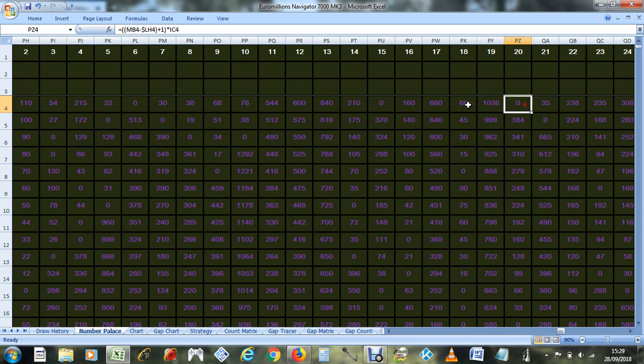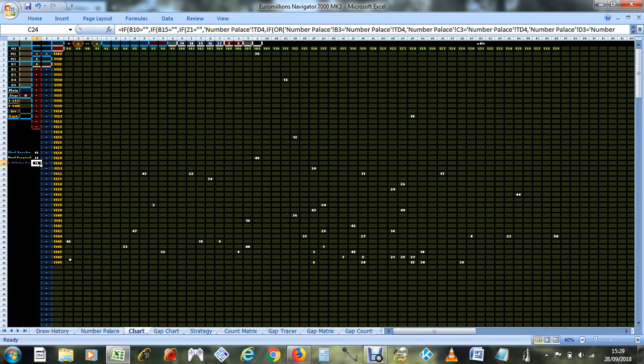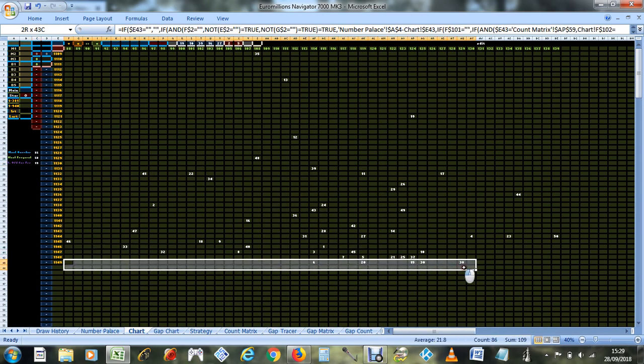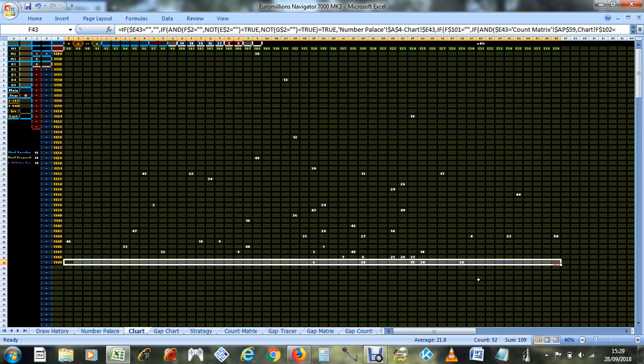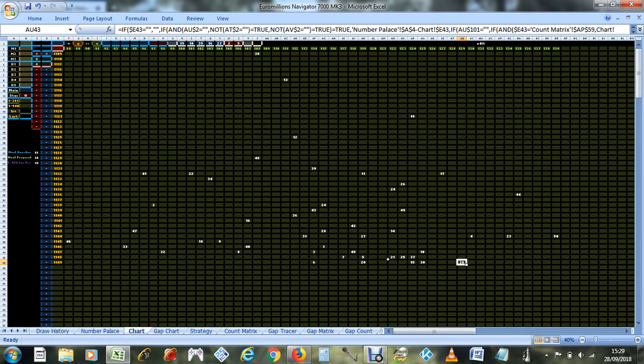You'll notice there's some numbers that score 0, and the reason why is because they're on the bottom line of the chart, so they get 0 for being there. So that's how I work out which number is the most overdue for its frequency.